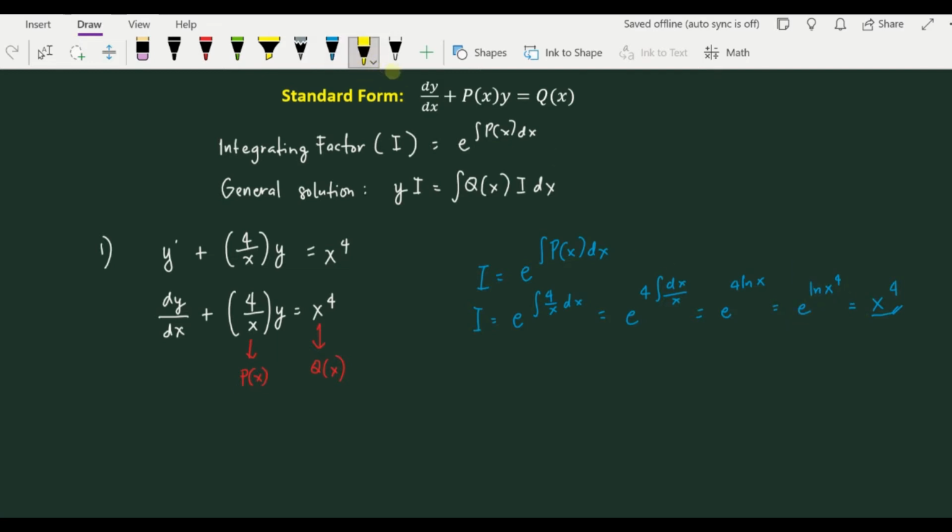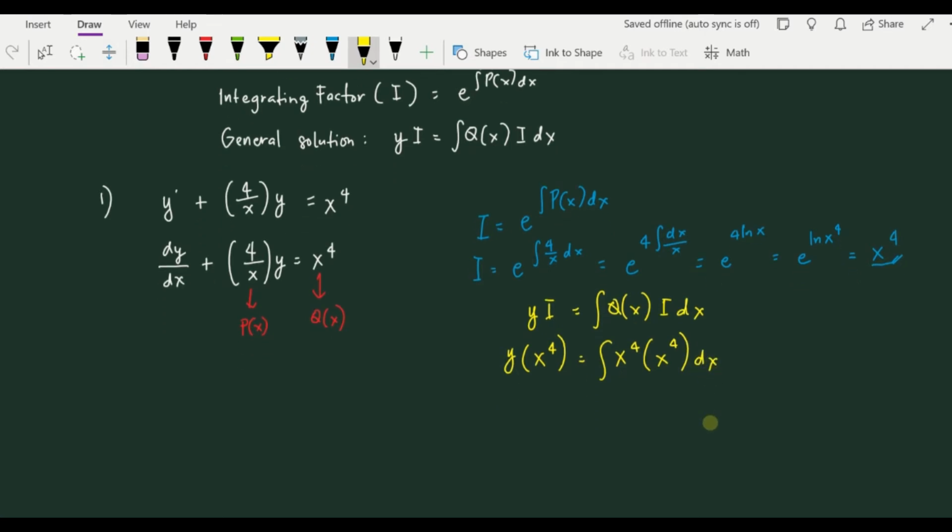Okay, ang gagawin na lang natin ay isasubstitute yung integrating factor dito sa form nito. Then, yung value ng q of x. So, balikan lang natin. yI is equal to the integral of q of x times I dx. And so, y, then ang I natin is x to the 4th, equals the integral of q of x is x to the 4th times I, x to the 4th dx.